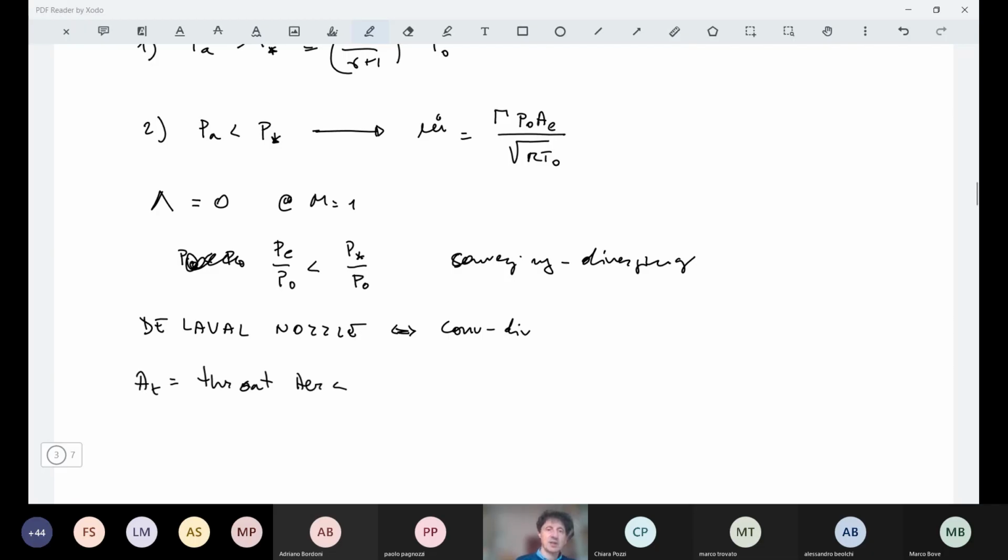So AT is the throat area, and dot M will be gamma P0 AT over square root of RT0.